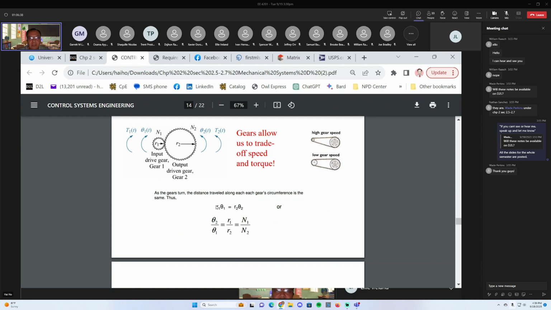If you look at the first gear, the amount of displacement that it turns is R1 times theta 1. That should always be the same as the displacement moved by the second gear, which is R2 theta 2.